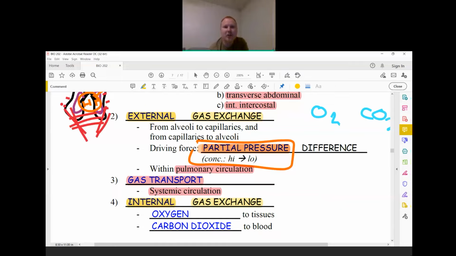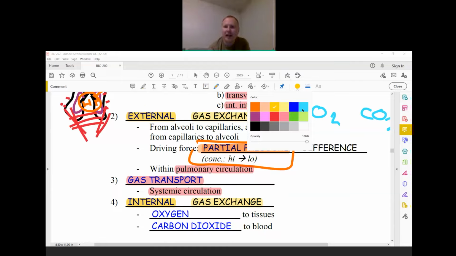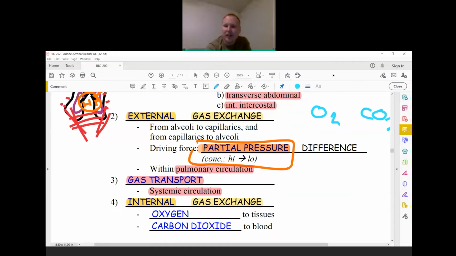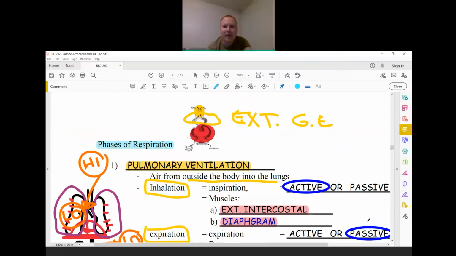So oxygen is given to the tissues and carbon dioxide is given to the blood. So it's the same gases, but in a different direction. And if you do want to mark it on this diagram, we would be talking about this spot here, as you see, for the exchange of the gases.